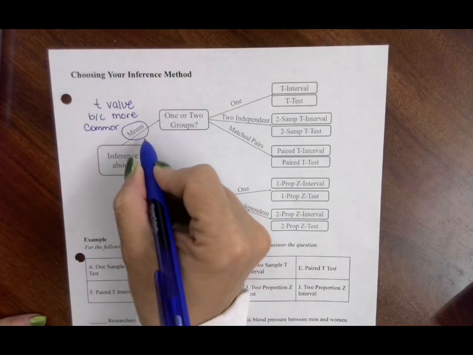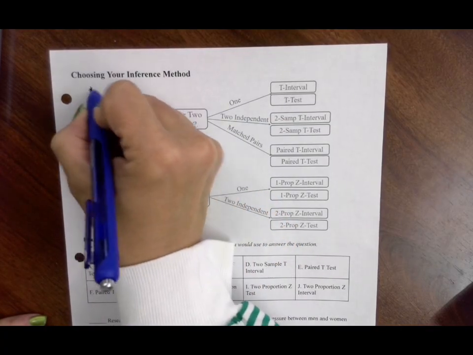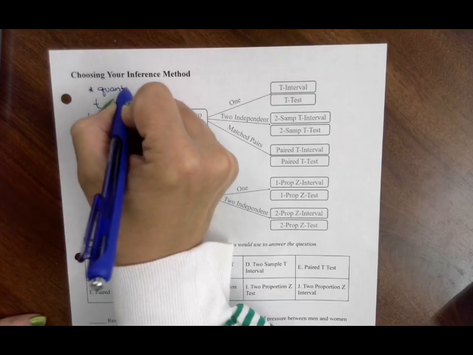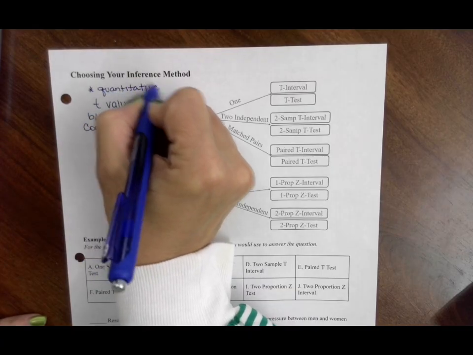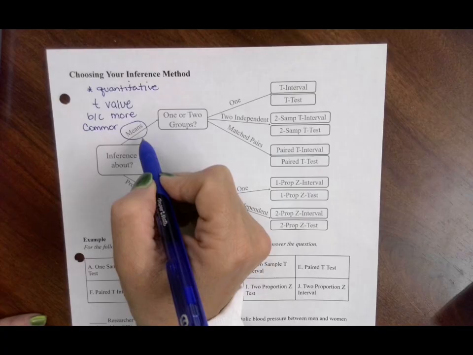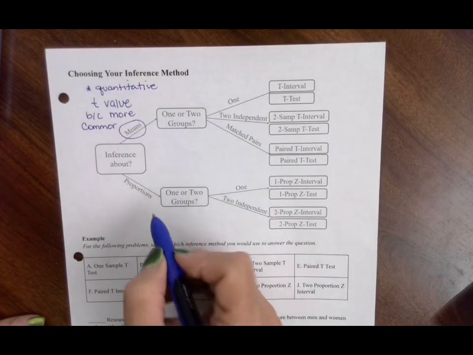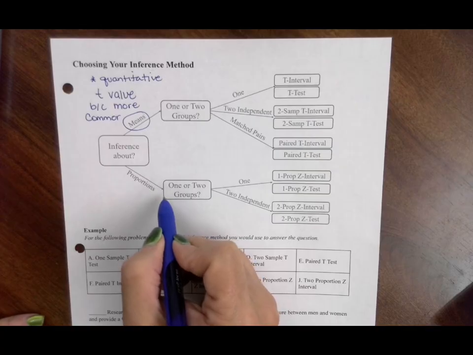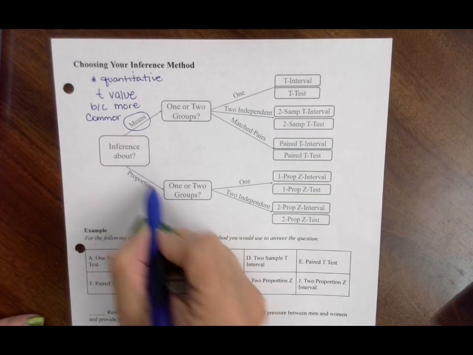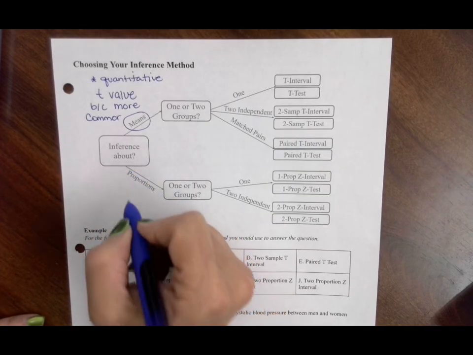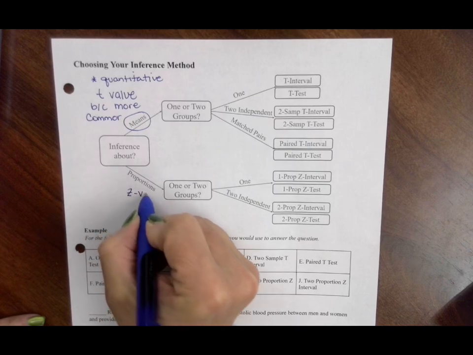When we have means, we have quantitative data. You'll have something with a unit on there like milligrams or days or feet. So it's quantitative data. When we have proportions, let's go this direction first. When we have proportions, we're always going to use our z-value.